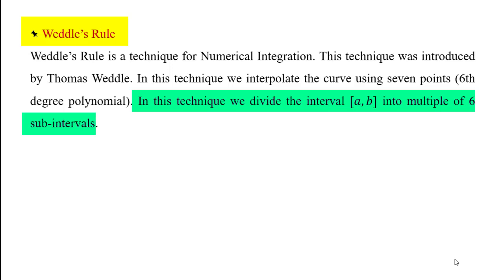Like previous numerical integration schemes, in the trapezoidal rule we used a linear polynomial. In Simpson's 1/3 rule we interpolate the function by a 2nd-degree polynomial. In Simpson's 3/8 rule we use a 3rd-degree polynomial, and in Boole's rule we use a 4th-degree polynomial.